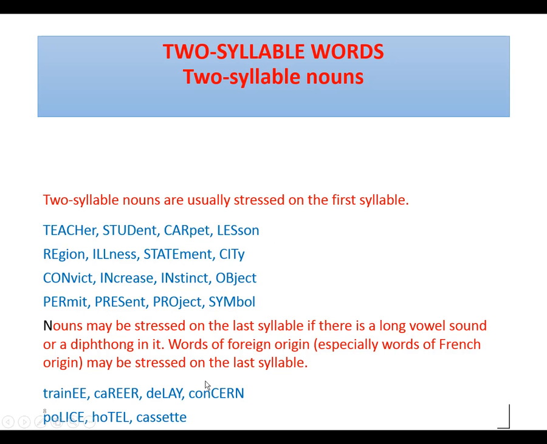Nouns also can be stressed on the last syllable لو كان لقيناهم فيهم القاعدة اللي قلنا عليهم. The second syllable contains a long vowel or a diphthong. For example, trainee, it ends with the suffix ee. Trainee, career, delay, concern, police, hotel, cassette.